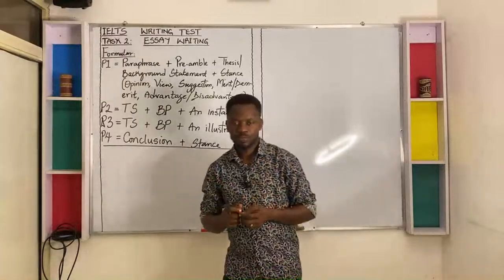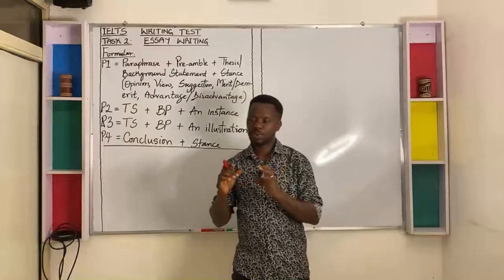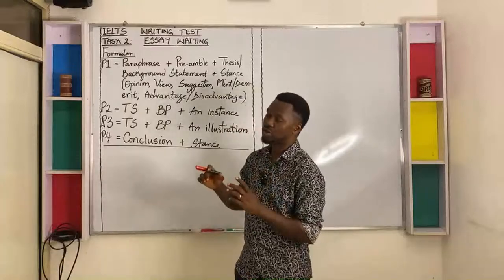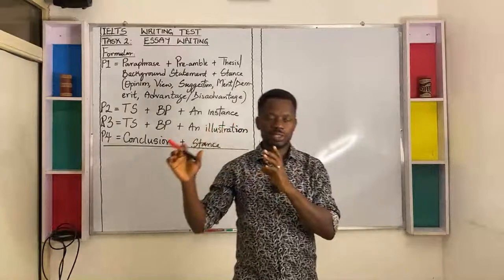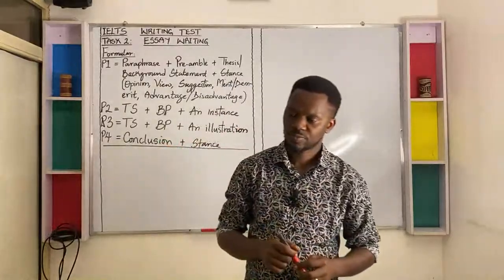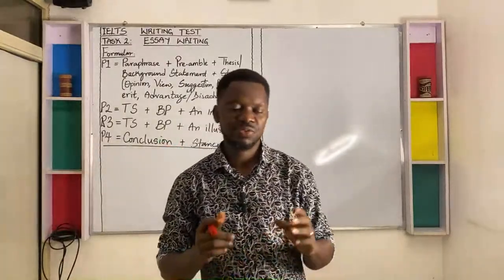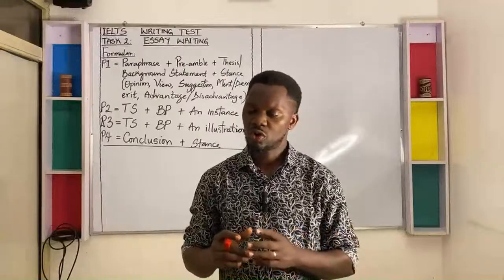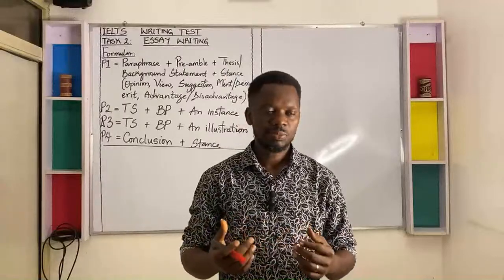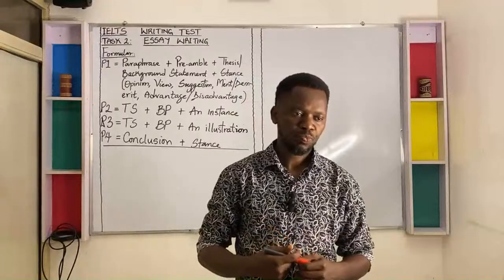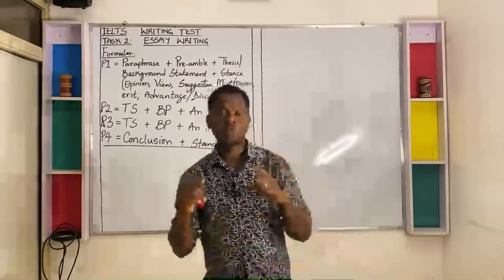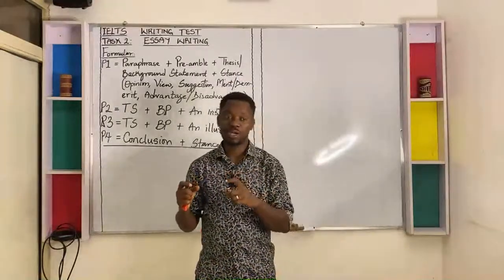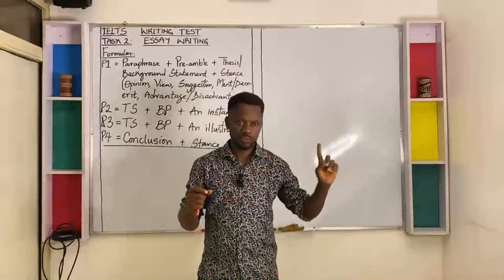Next step, transfer the paraphrased version of the question onto your answer sheet. This simply means you are to recopy the question that's written on your question paper onto your answer sheet.